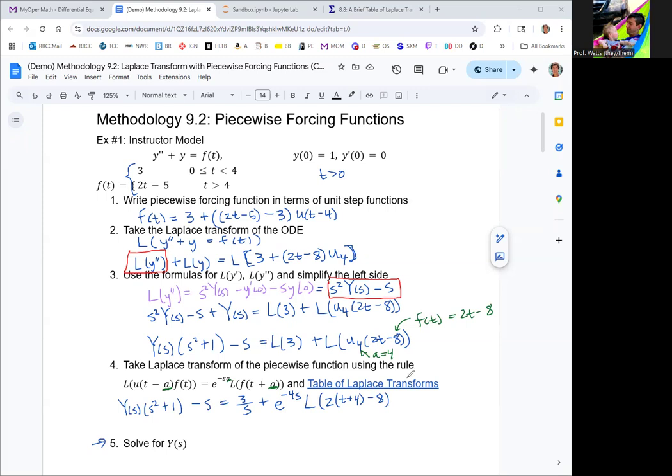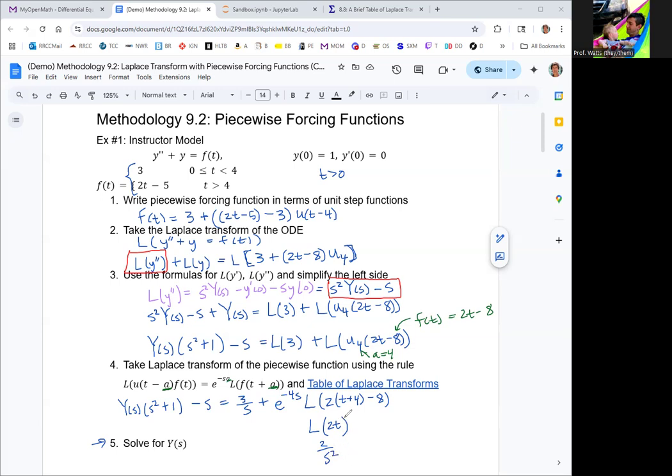So that's f of t plus a, right? And that could then be simplified. 2 times t is 2t, 2 times 4 is 8, 8 minus 8 is 0. And so you just get the Laplace transform of 2t here. And the Laplace transform of t is 1 over s squared. So the Laplace transform of 2t is 2 over s squared.